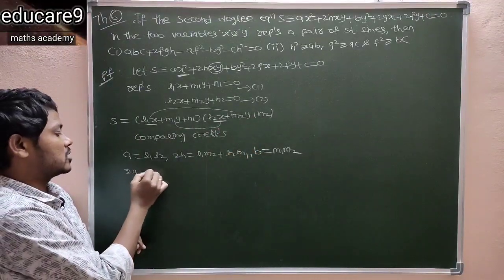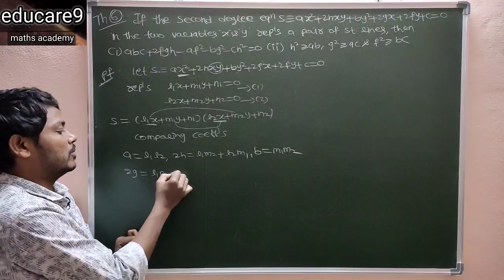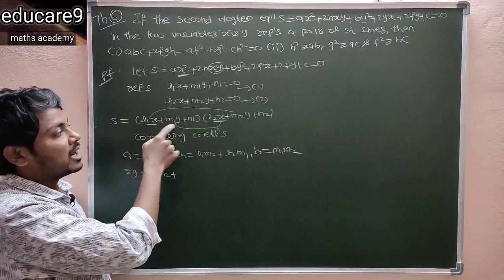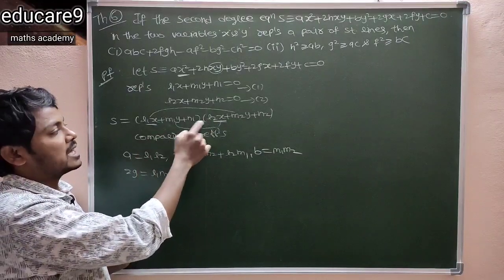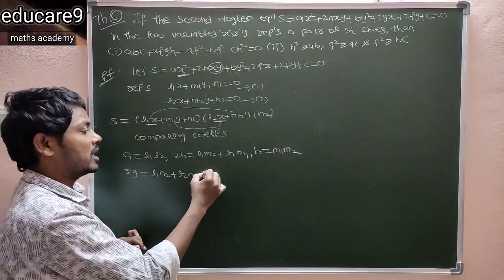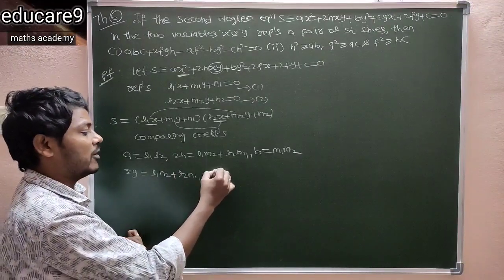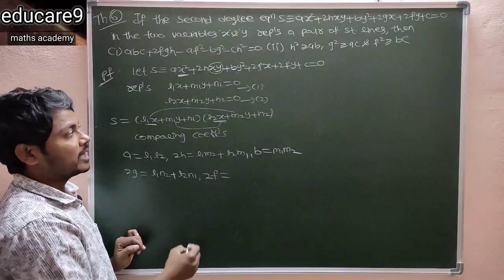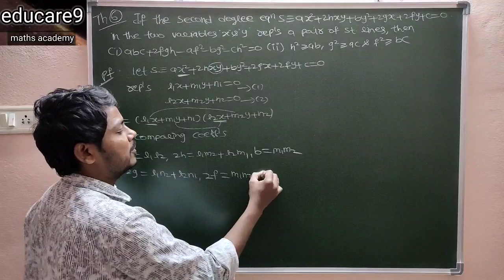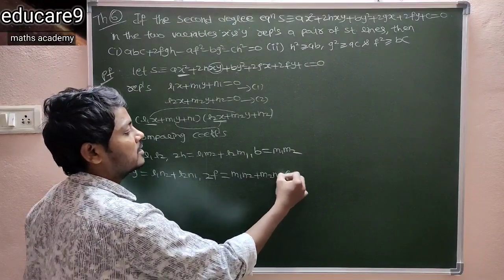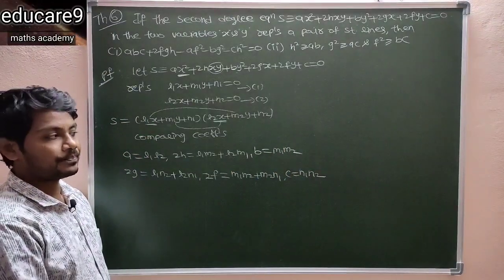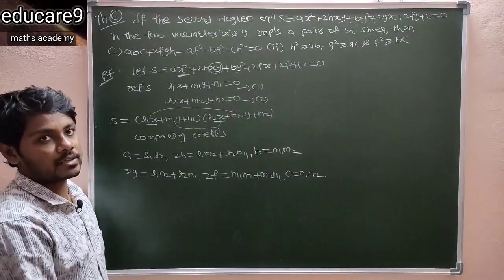So 2g is equal to L1 N2 plus, here you take a constant, here the x coefficient, that is N1 L2. So 2g is L1 N2 plus L2 N1. Similarly, the 2f value: we get M1 N2 plus M2 N1, and c is equal to N1 N2. So these are the coefficients.